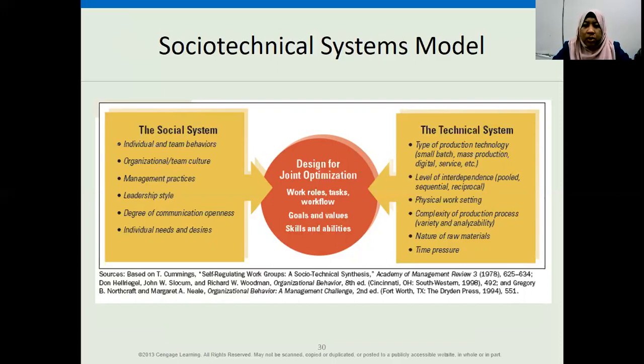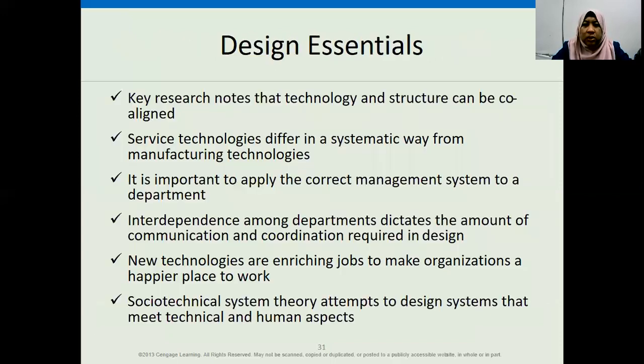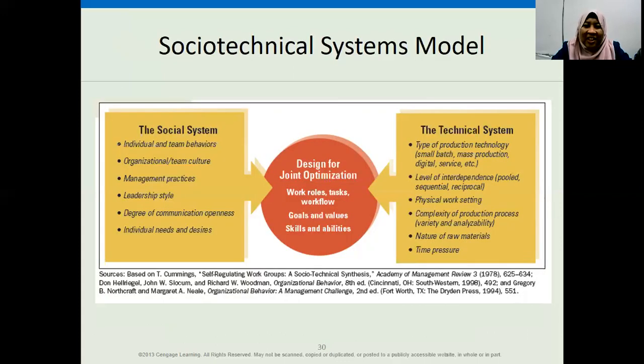So we have design for joint optimization. We have work rules, tasks, workflow, goals and values, skills and abilities. So basically, we have two here, social system and technical system.